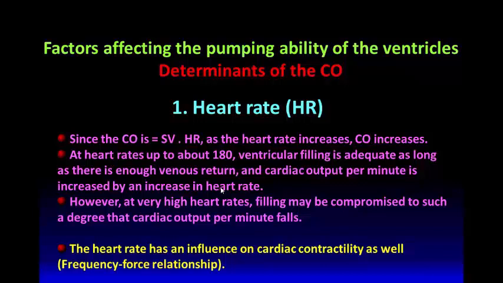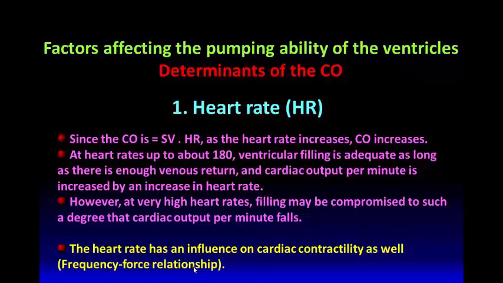So this is how the changes in the heart rate affect the cardiac output. It is interesting to know that the heart rate also influences the cardiac contractility, and this is what is known physiologically as the frequency-force relationship, which we will describe in the subsequent slide.